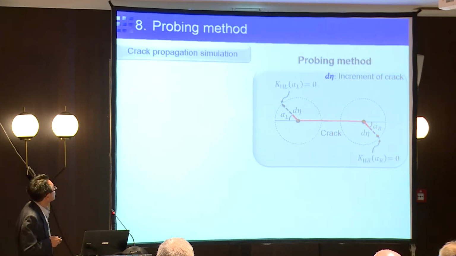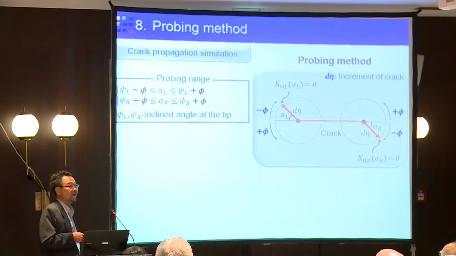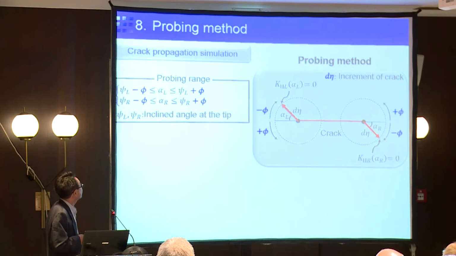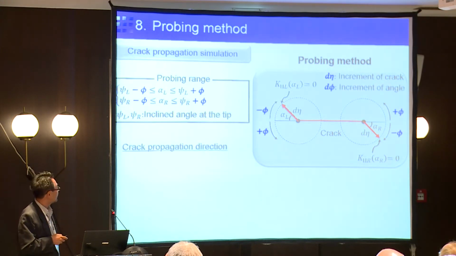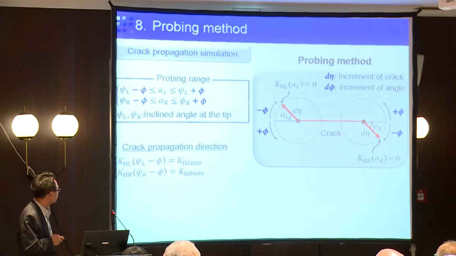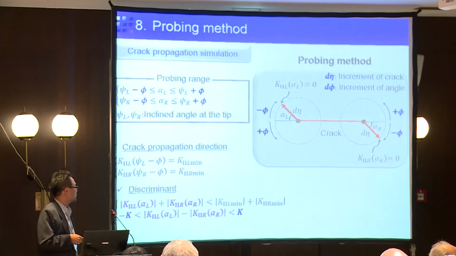In this case, the probing angle is restricted under the probing range, and the crack propagation direction is decided under this range, which means the minimum value of the mode II stress intensity factor.